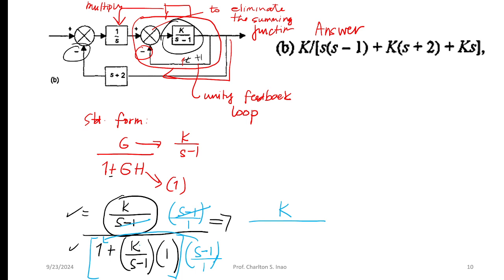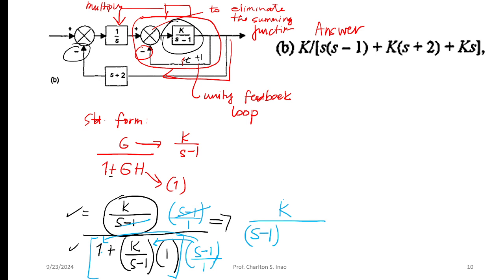So this one you have to multiply, and for this you have to multiply. So S minus 1 times 1, S minus 1 times 1, right? S minus 1 times 1, okay?